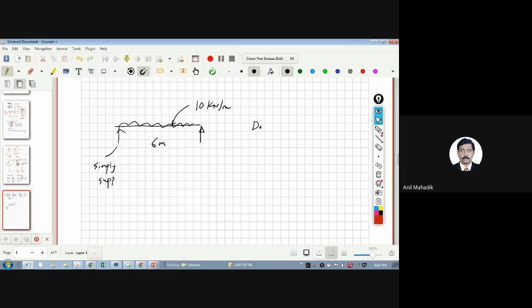Design this beam. You can take beam sections as I sections. Second problem is you need to design the beam, but in this case the same beam is there, but it is a fixed support. Span is same, load is also same, but it is a fixed beam, design the beam.